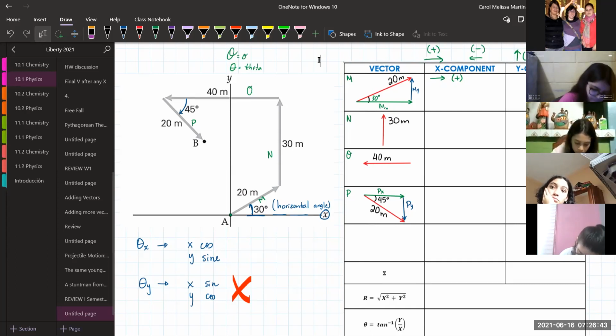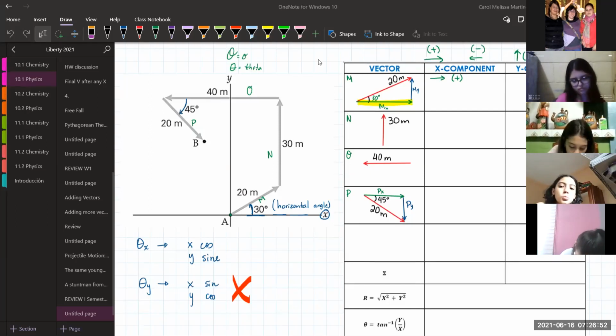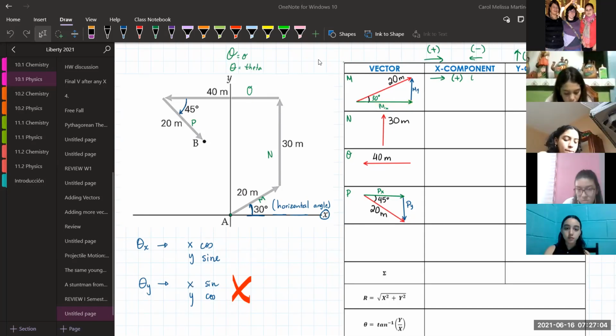And my component here, as you can see, is next to the angle, touching the angle. The angle is right here. We say that the x component is adjacent, touching means adjacent. And if it is adjacent, that means we're going to be using cosine.